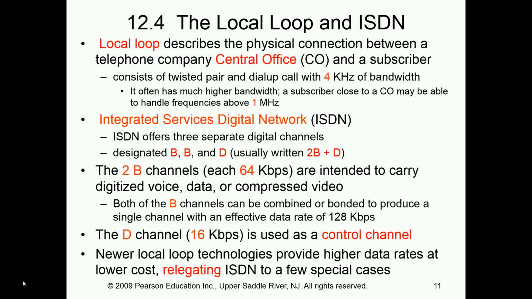You would bond those two together to have a 128 kilobit per second connection. But you have to have a way to control it, hence the D channel or the D line, which is a control channel of 16 kilobits per second. It was a way to do faster connections.